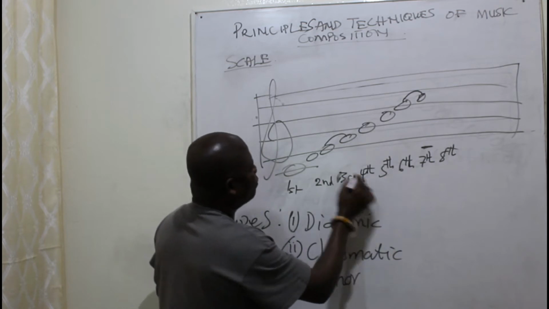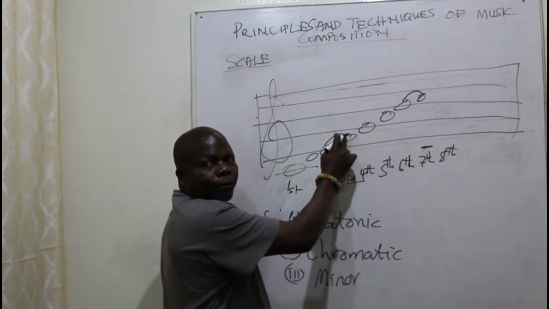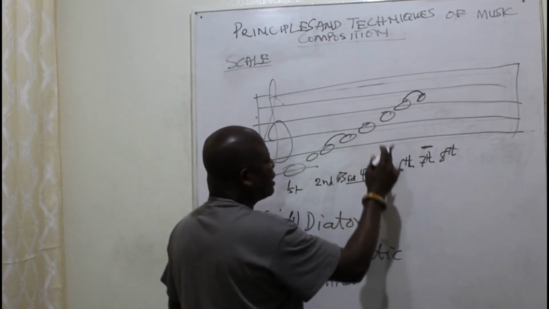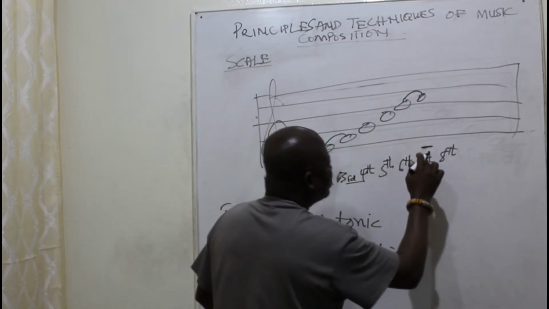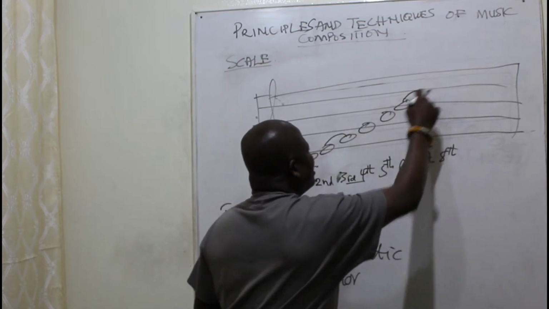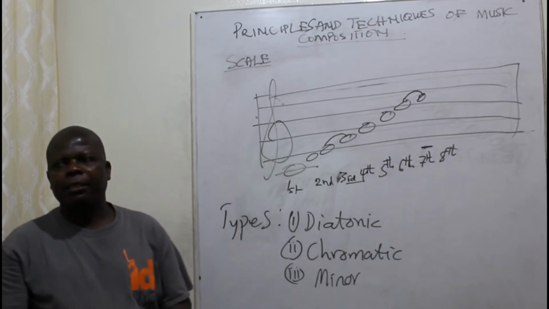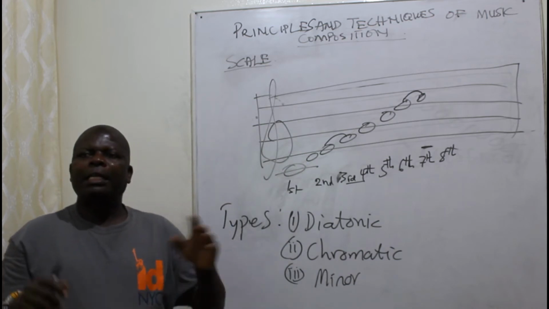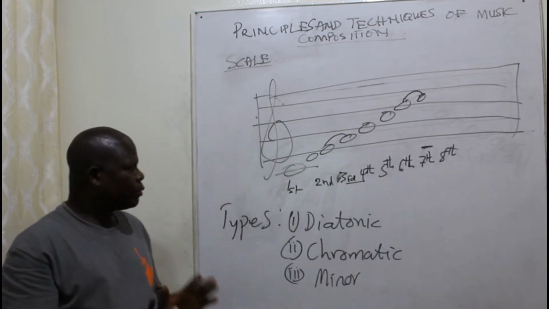So 3 and 4, then 7 and 8. Always in the diatonic scale, the 3rd and 4th and the 7th and 8th are semitones.